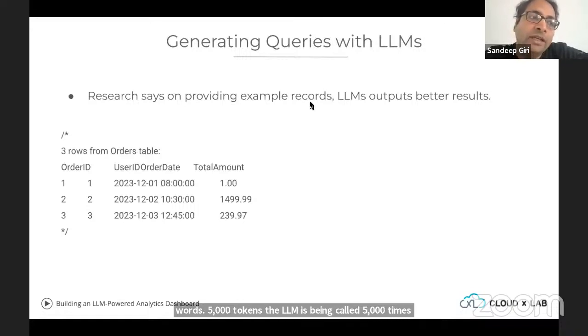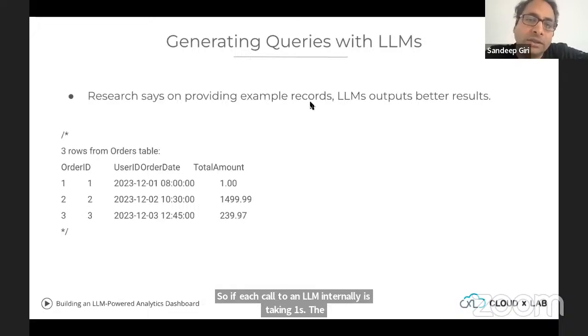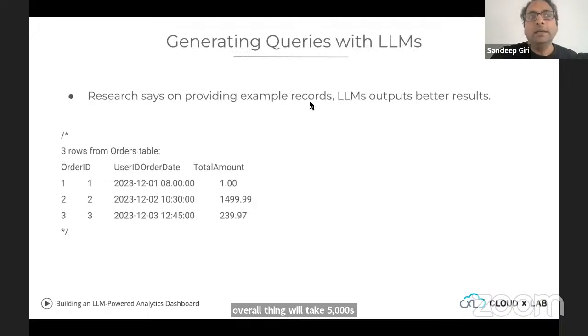So if each call to an LLM internally takes 1 second, the overall thing will take 5,000 seconds. So there is no other way than managing the latency. Even OpenAI will not be able to drastically bring down 5,000 seconds to 5 seconds because of the nature of LLMs.